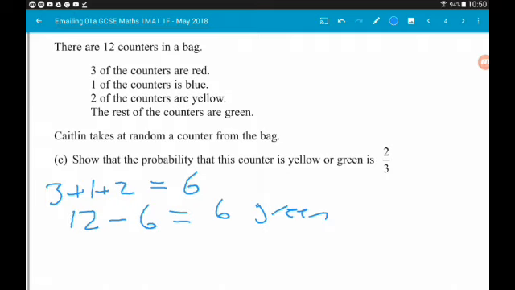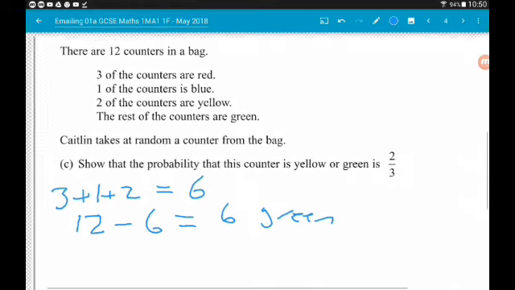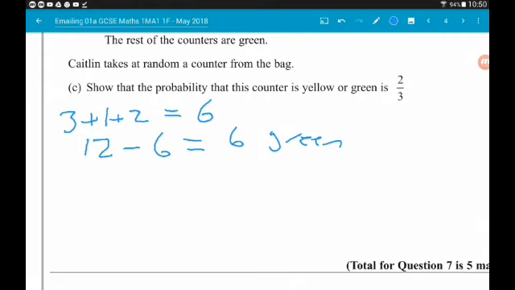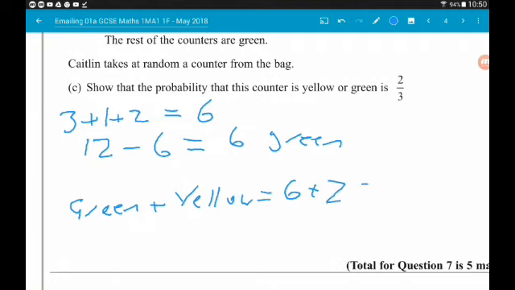So, we want the probability of getting green or yellow. So, altogether, green and yellow counters is 6 add 2, which is 8.